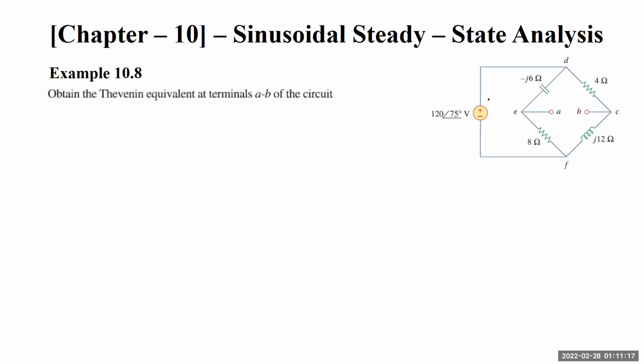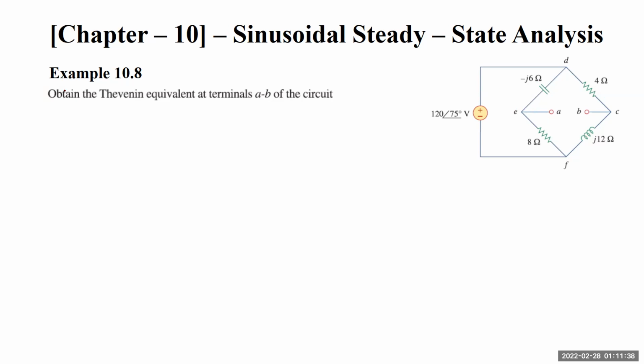Here what we see is that all the passive components in this circuit, along with the voltage source, are given in their phasor form. They are not in their time domain form. If they were in time domain form, we could simply convert them into phasor form and do the analysis. So the circuit is already in its phasor form.